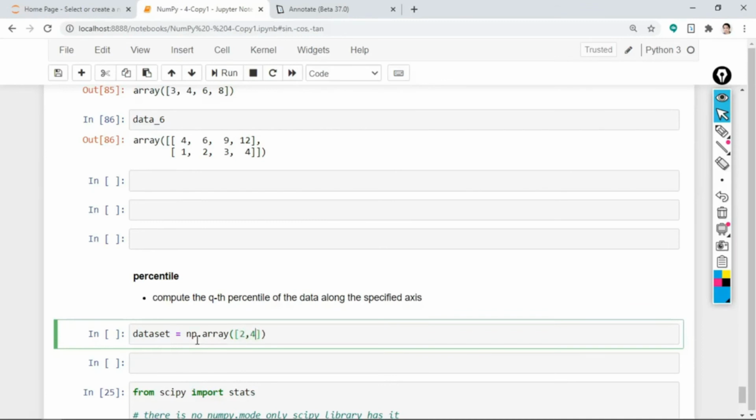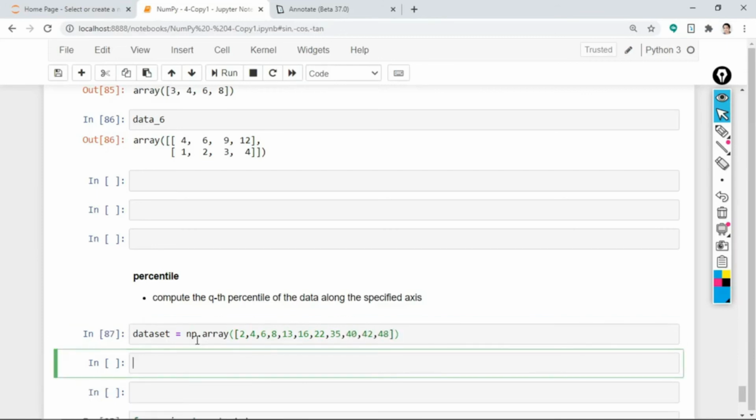Imagine these are exam scores, with 50 being the highest: 2, 4, 6, 8, 13, 16, 22, 35, 40, let's say 42 and 48. So this would be our data set.